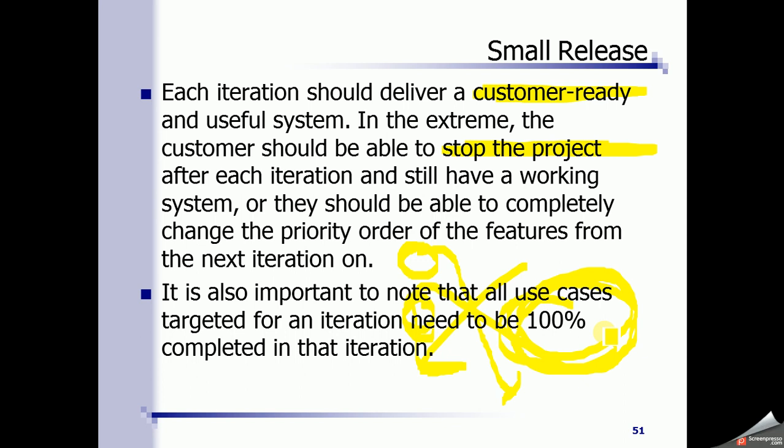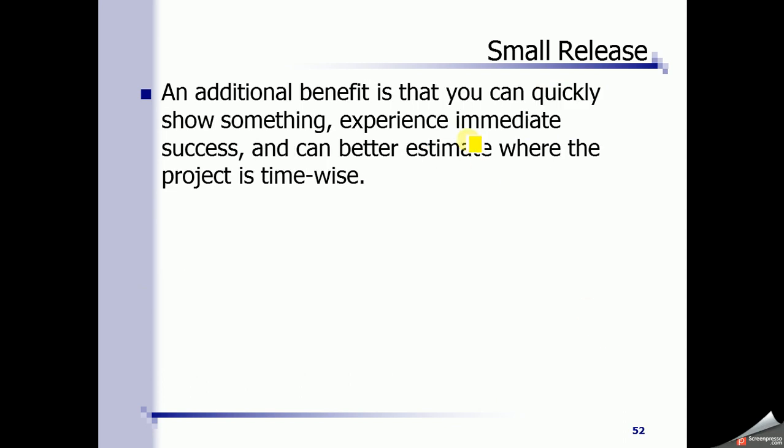So every iteration should be completely done. An additional benefit is that you can quickly show something, experience immediate success, and can better estimate where the project stands time-wise. So you have a sense of achievement, and you also have a sense of measurement. Where do you stand with respect to the time, right?